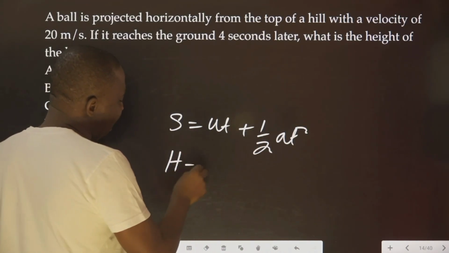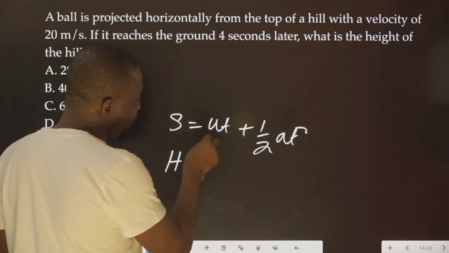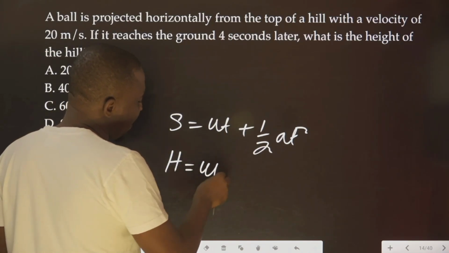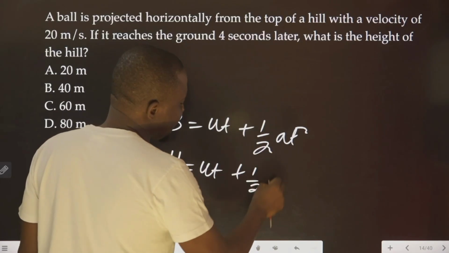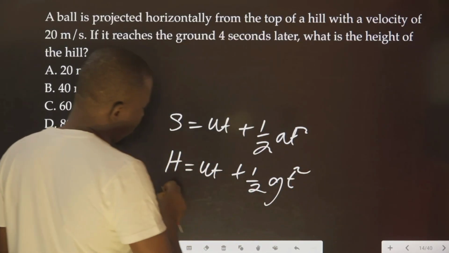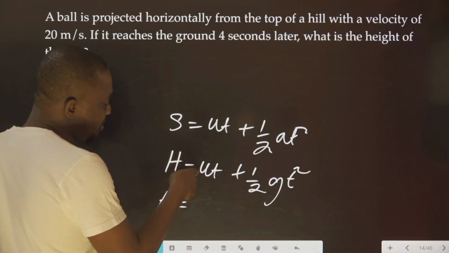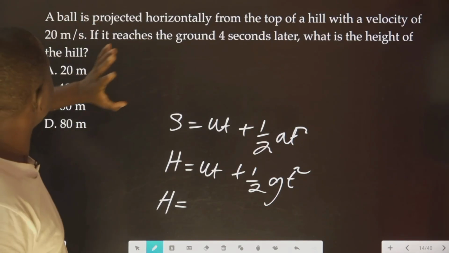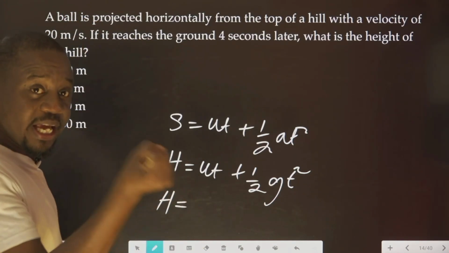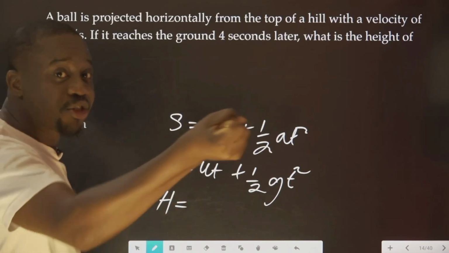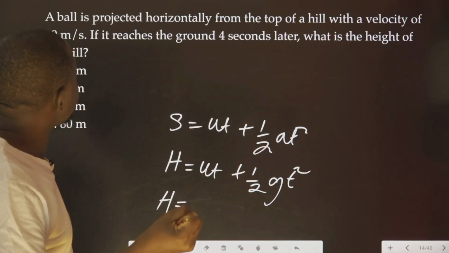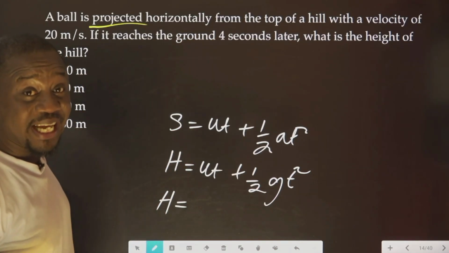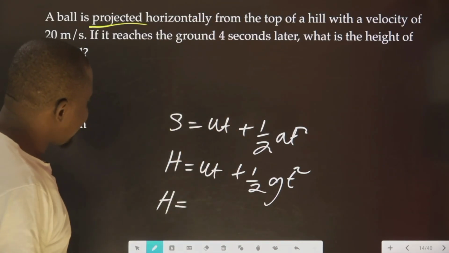Because we are talking about height, we replace this with h, then we put u, initial velocity, plus 1 over 2, this becomes g t squared. We are looking for height, right? Initial velocity from this information is 0, because we have it first in my hand before I threw it. Okay? Before it was projected, 0.